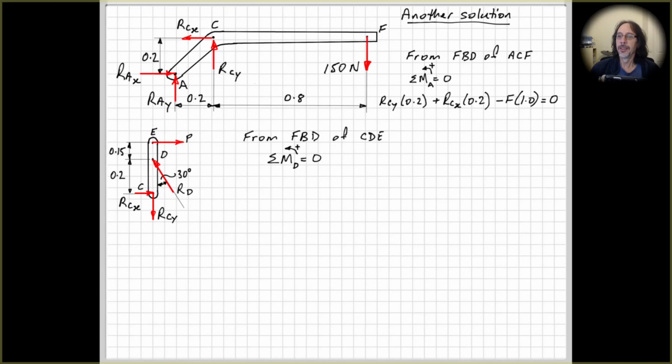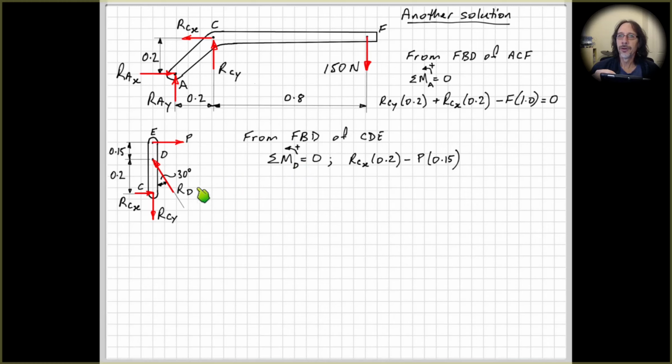So taking anti-clockwise as positive as usual, I have RCX here times 0.2, tending to rotate anti-clockwise about point D. See again how important it is that you have this letter here on your moment equation. Without this, you have to guess what the person is doing in their solution, and if you have to guess, then you haven't done a complete solution.